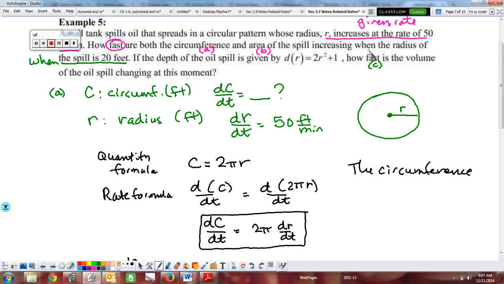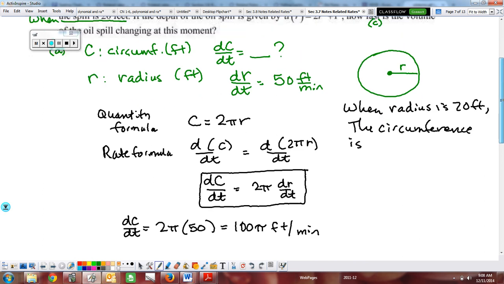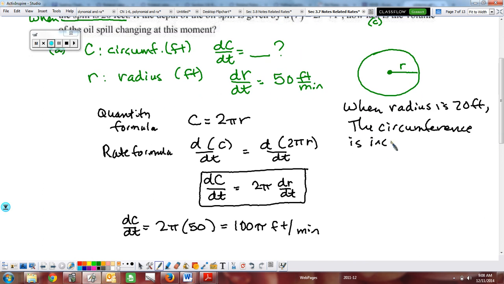I didn't use it because it didn't depend on it, but we do need to say it. When the radius is 20 feet, the circumference is increasing at 100 pi feet per minute. So there's my part A.